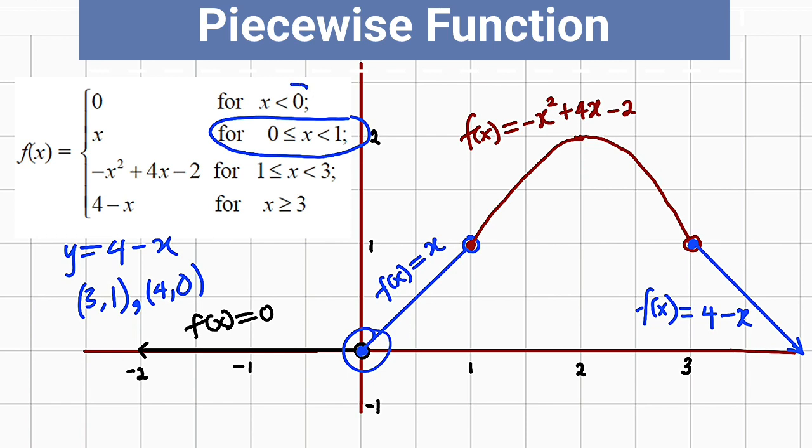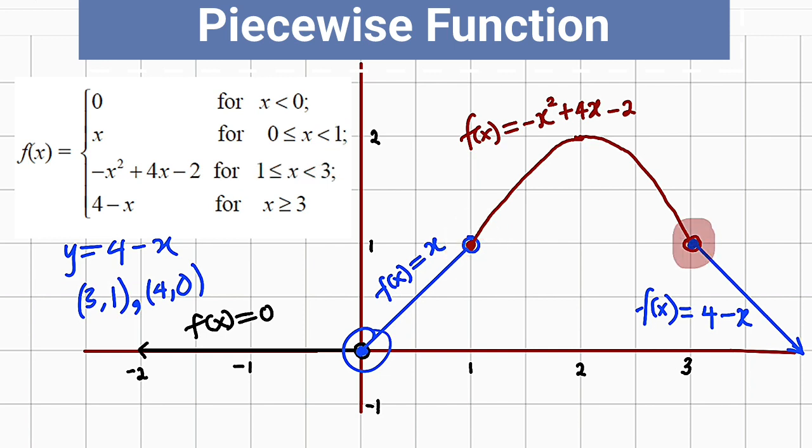because the first function is for x less than 0. Therefore, 0 will not satisfy it. But the second function says x is greater than and also equal to 0, so it only satisfies the second function. Then let us check another one. You see we have another point here when x is equal to 1. x equal to 1 only satisfies the third function, because in the third function x is greater than or equal to 1, but here it is less than 1.